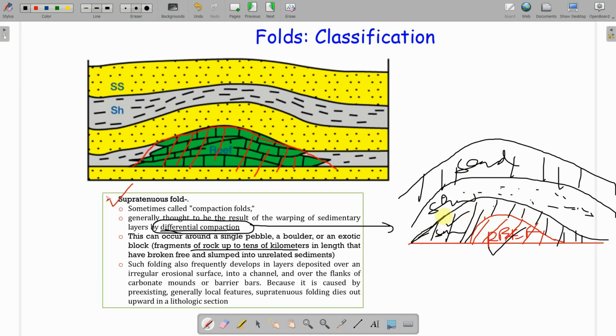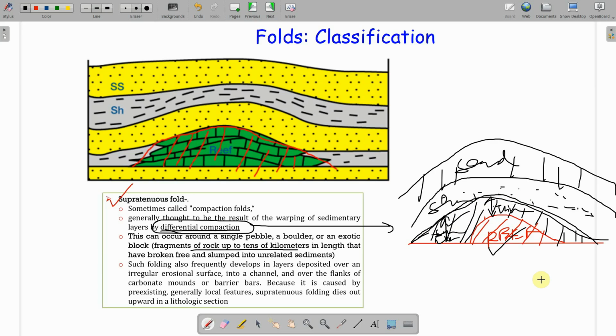From here you can get an idea that at the crest it will be the thinnest, and at the rest of the portion, at the limbs, it will be the thickest. So for the anticlinal structure, it could be anticlinal or synclinal. Here the strata are the thinnest at the crest of the anticline.